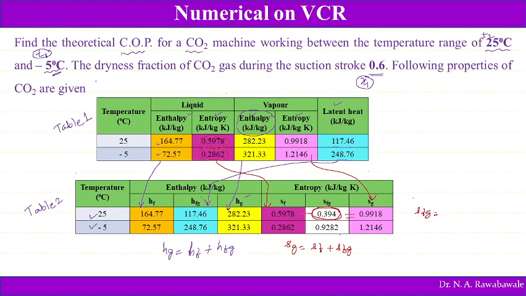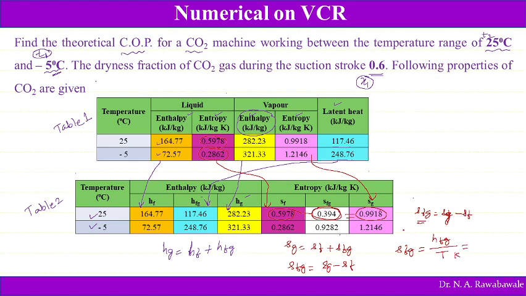Sfg is equal to Sg minus Sf. Sfg is nothing but Sg minus Sf. From this, 0.9918 minus 0.5978, we get 0.394. Or else this Sfg can also be obtained by Hfg divided by temperature in degree Kelvin.